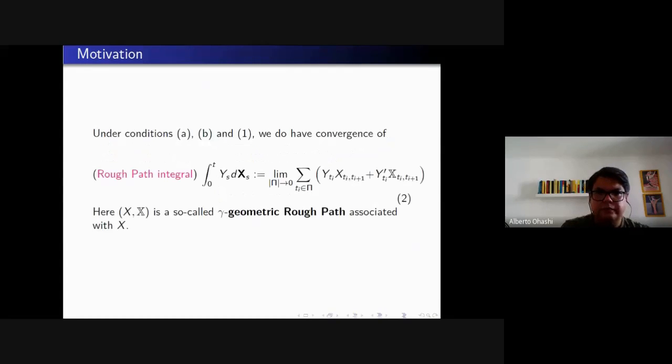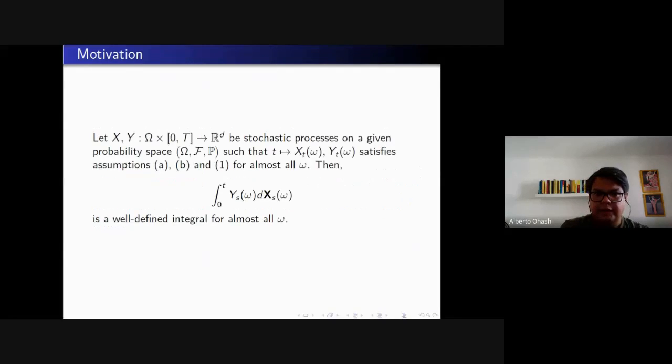Okay, so what is the connection with probability theory? So far, this theory is completely deterministic. But the motivation behind rough path is really probabilistic. Let's consider X and Y stochastic processes. What does it mean, stochastic process? It means that you have two functions which depend on omega, there is a probability space on top of X and Y, omega, F, and P. P is the probability measure, and omega, for me, is a random element.